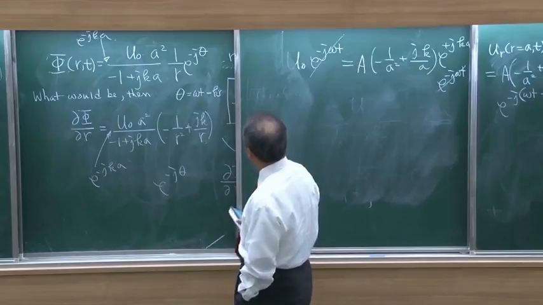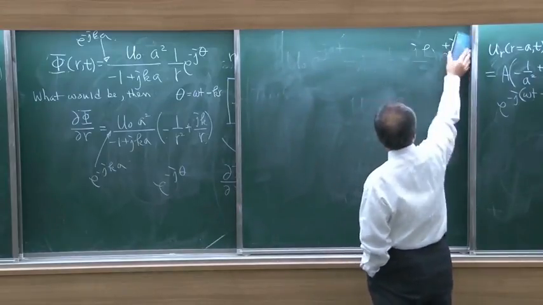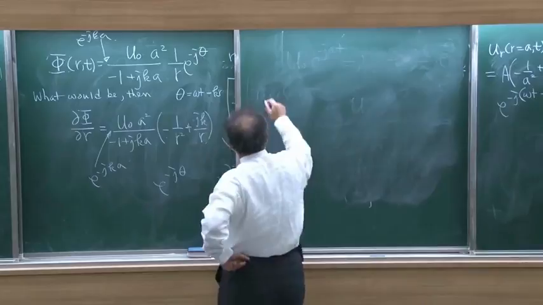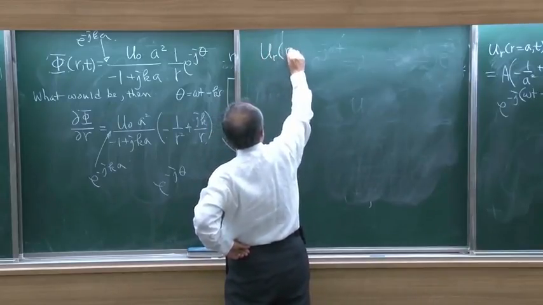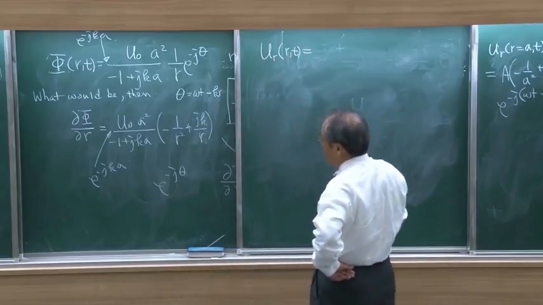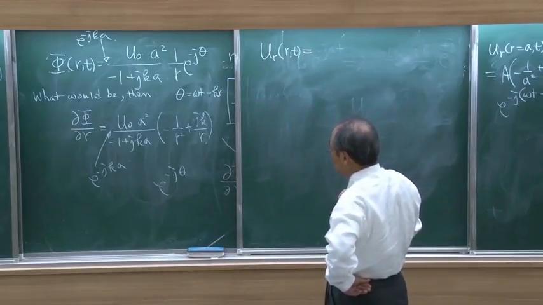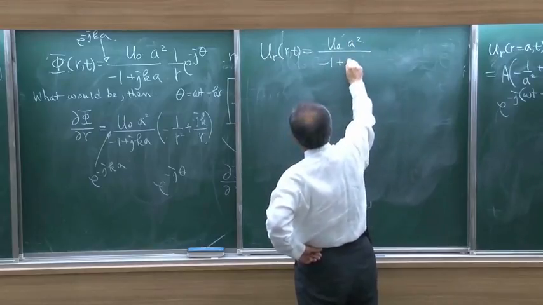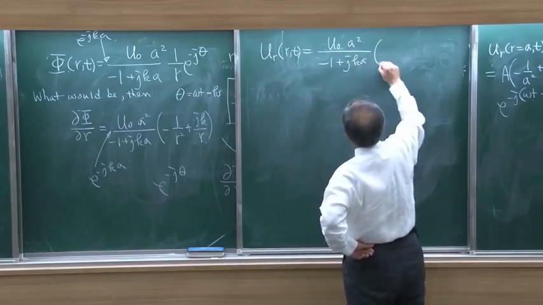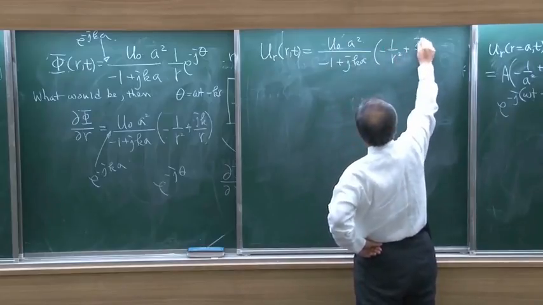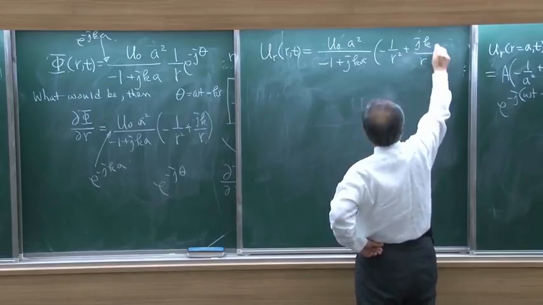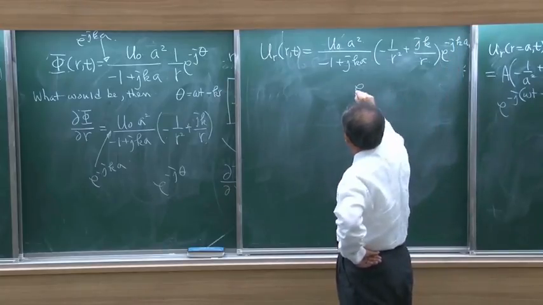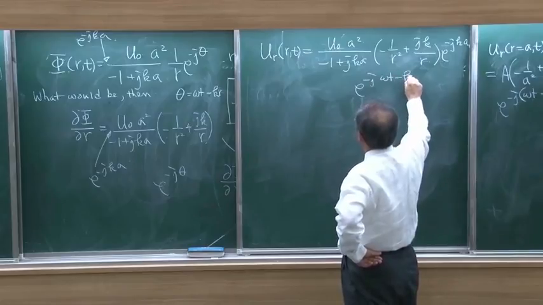I think that is correct. So velocity in r direction can be written as u0 a square minus 1 plus jka, and I have minus 1 over r square plus jk over r, and then I have exponential minus jka, and then I have exponential minus j omega t minus kr.